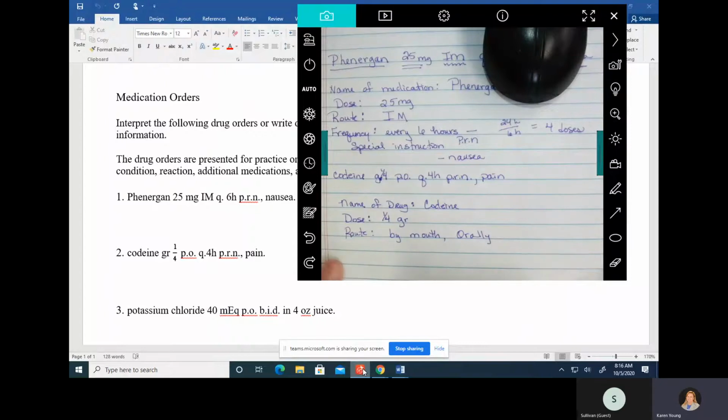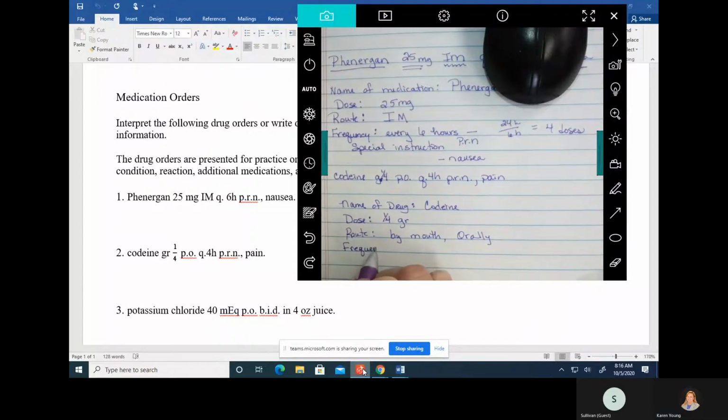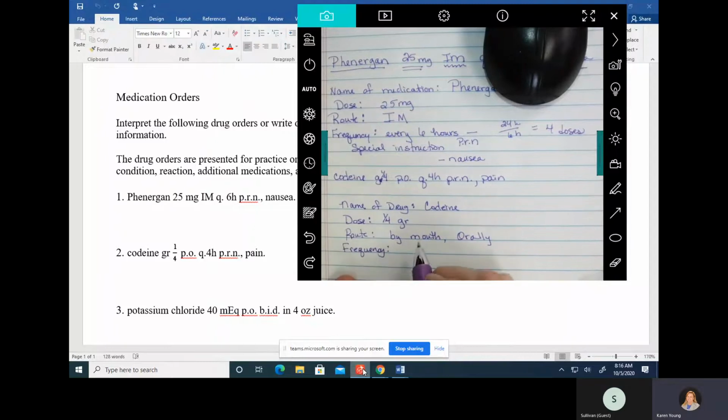So the frequency is every 4 hours, because it's Q4H, and then the PRN would be as needed.